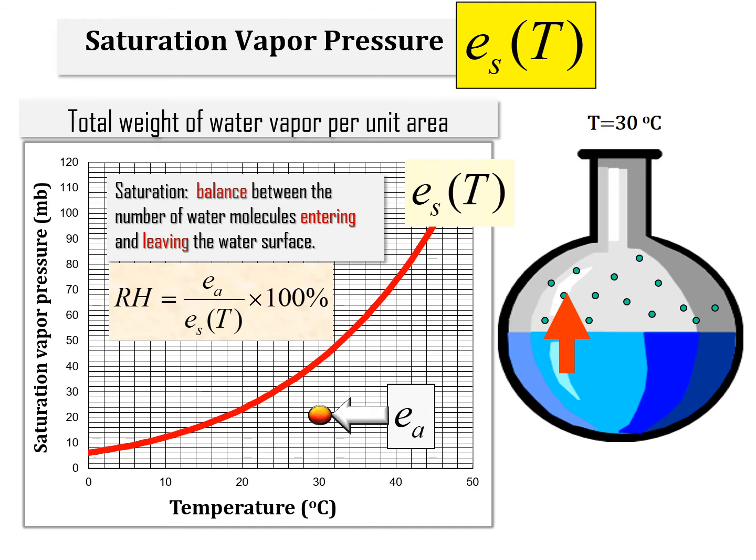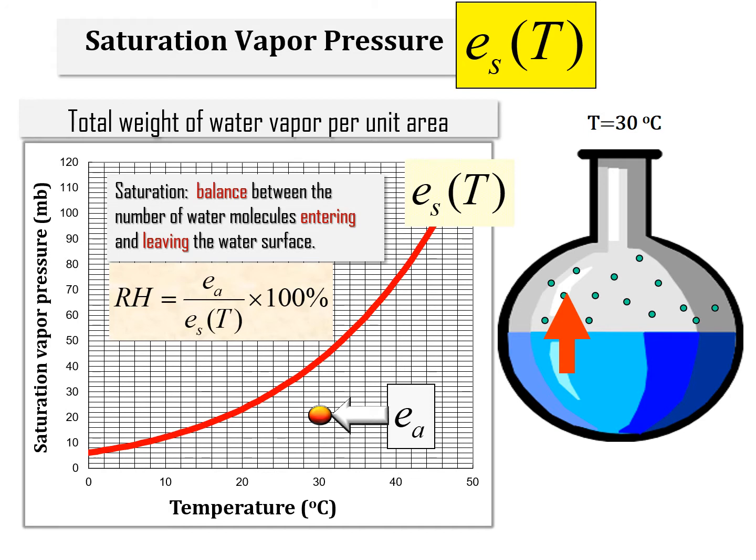In this way, we keep the temperature fixed at 30 degrees C and just add or evaporate more water molecules into the air. Another way is that we do not add more water molecules.